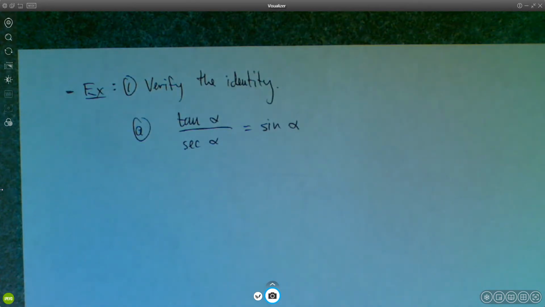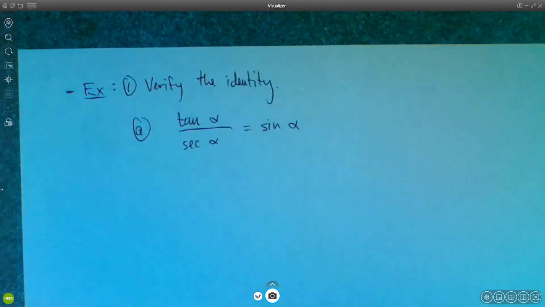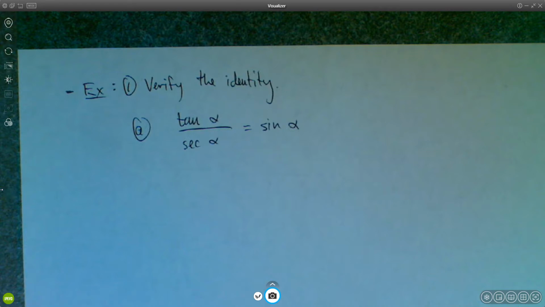We're not trying to find the values of alpha that make this statement true. If this is an identity, then this is true for every value of alpha where all of the functions are defined. So we're not trying to solve for alpha. We're trying to verify the identity. So we're trying to fix up one side of this equation so that it looks like the other side of the equation.